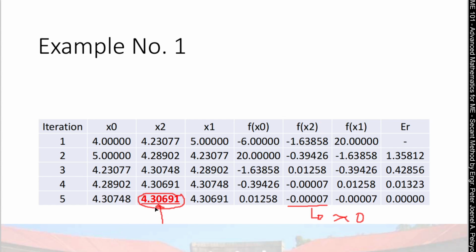So, madali lang siya. Kaya pinagsabay ko yung regular falsi at secant method kasi halos magkapareho na lang yung way ng pag-solve niya ng x2. Pagkakaiba lang is yung values. So, ang nangyari kasi dito, si x0 nawala. Si x1 mo naging x0. Si x2 mo naging x1.